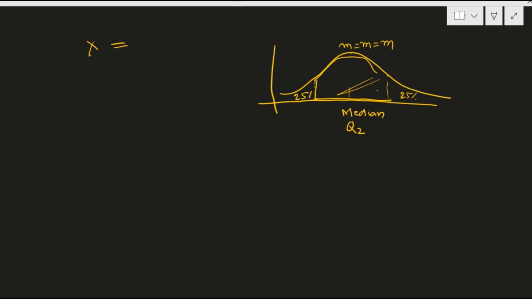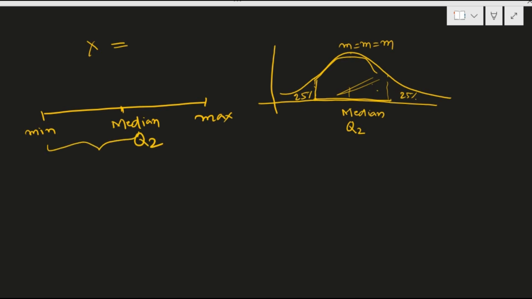Now, any data set will have extreme values: this is the minimum value, and this is the maximum value. In between, the middle point will be our median, or quarter 2. This portion will be our lower half.